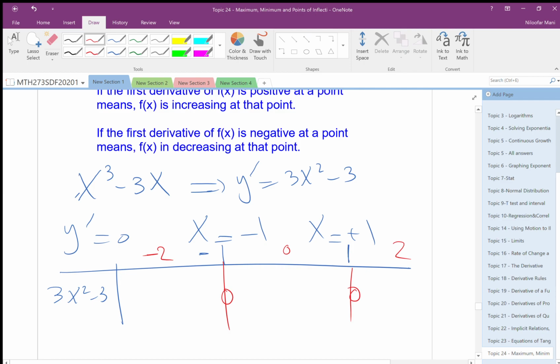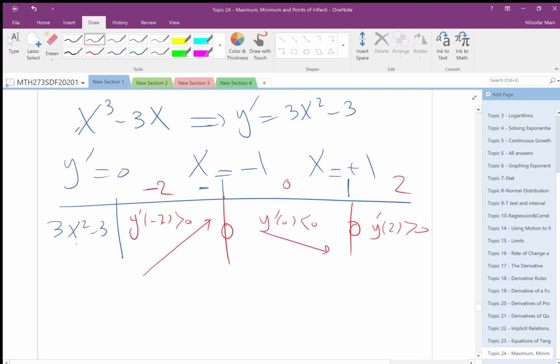If I put minus 2, y prime at minus 2 is positive, so it's increasing. Y prime at 0 is negative, so it's decreasing. Y prime at 2 is positive.